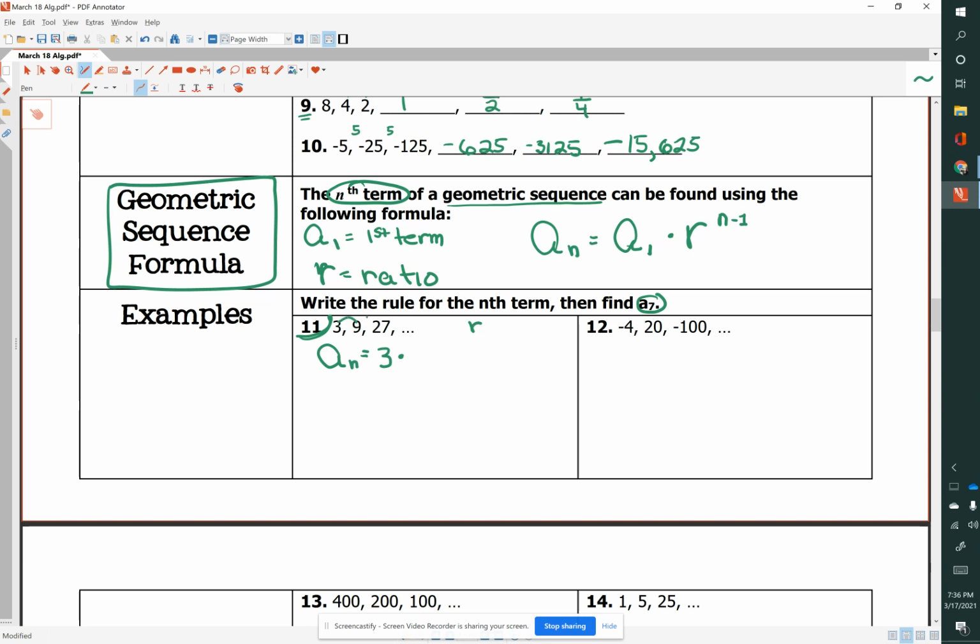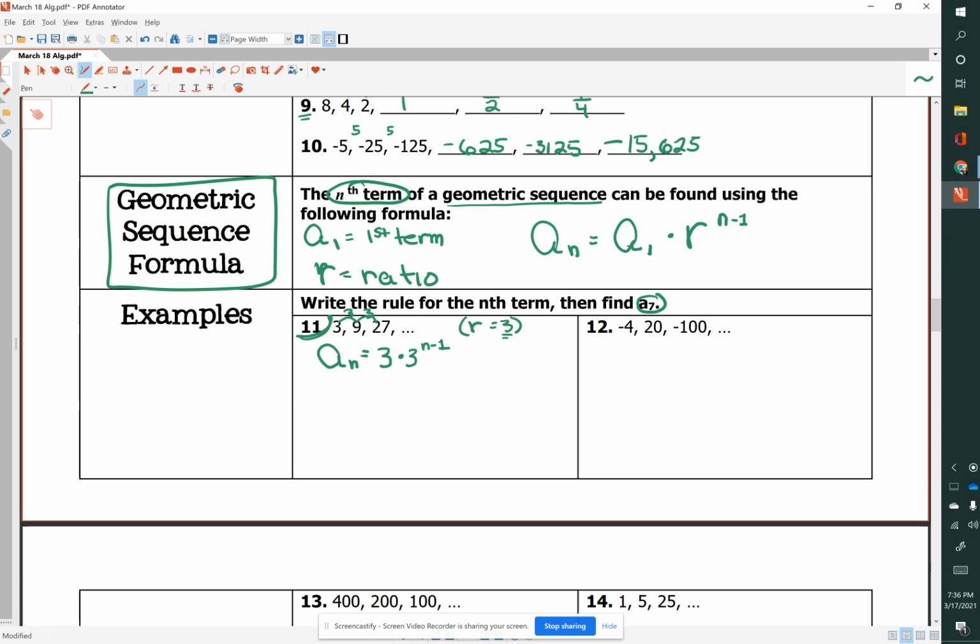From 3 to 9, we multiply by 3. 9 to 27, we multiply by 3. So our ratio is 3, so we write that to the side. So the nth term is the first term, 3, multiplied by the ratio of 3 raised to the n minus 1 power.